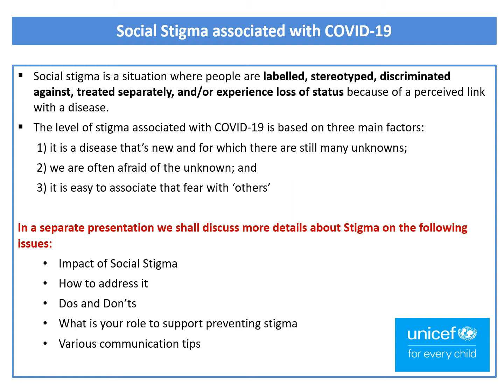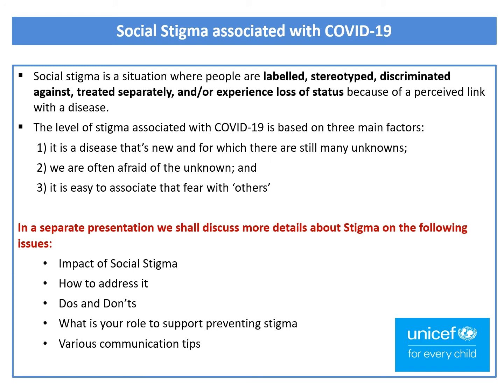At first, this disease came into this country through the UN group, and of course there was all that hate speech going on. So there is discrimination. People are being discriminated against. They are treated separately, and there's loss of status. So all this affects the way people respond.